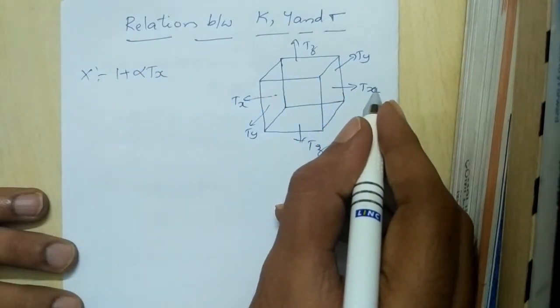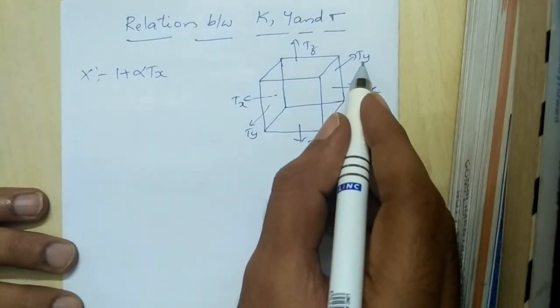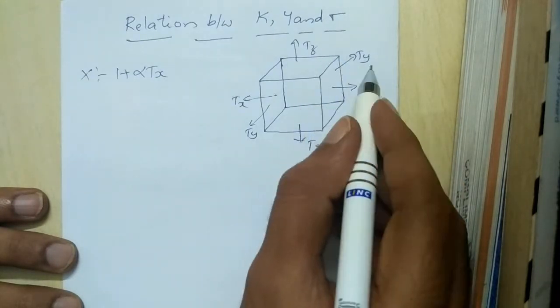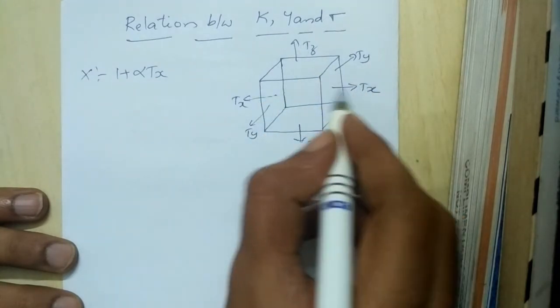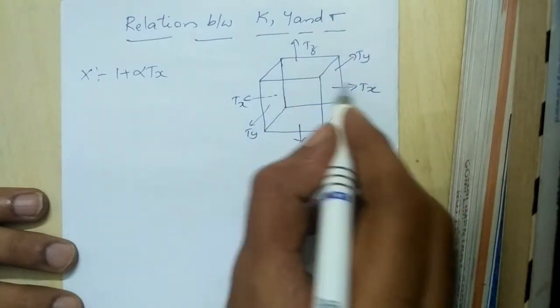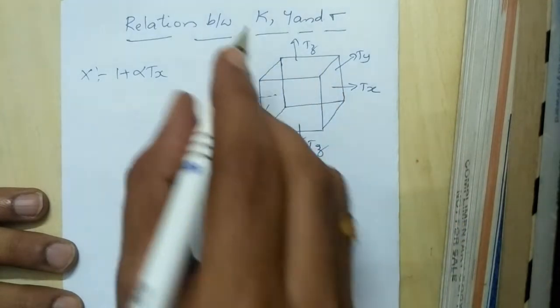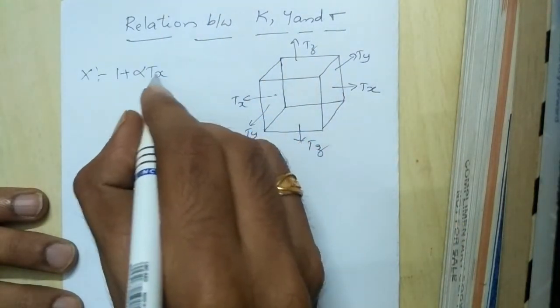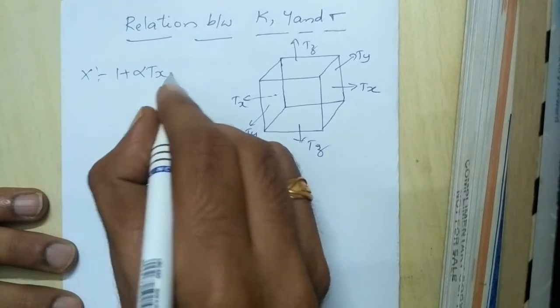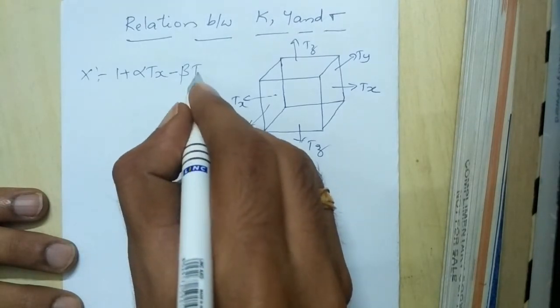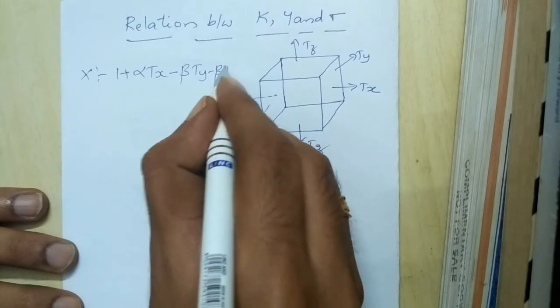And at the meantime, there are other stresses acting, Ty and Tz, in the outward direction. This direction is perpendicular to this, right? So that's why there is a contraction taking place. So along the x direction, the length becomes 1 plus alpha Tx minus beta Ty minus beta Tz.